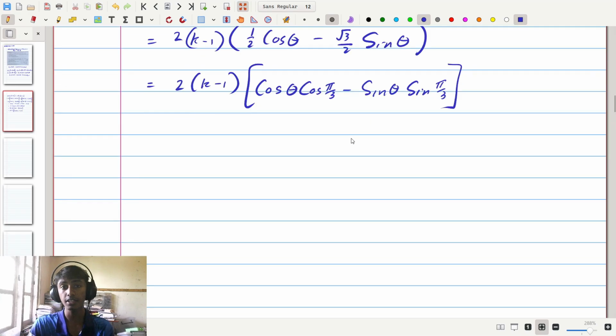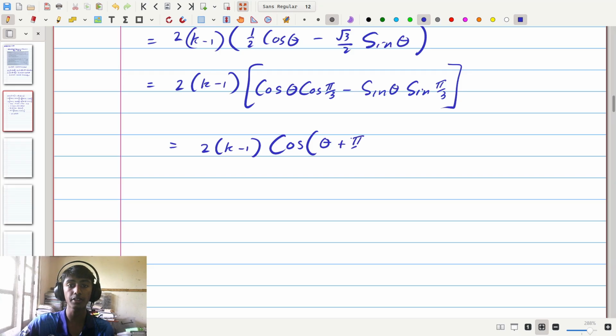Now we can see here, if we were to directly take this and convert it into a single cosine of an angle, we would get the cosine of theta plus pi by 3. So therefore this is equal to 2 times k minus 1 times the cosine of theta plus pi by 3. So for now this is our answer.